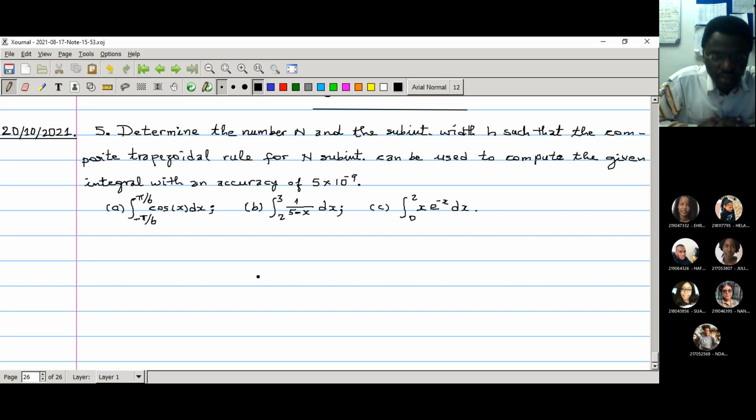What I want to draw your attention to is that if you look at the procedure that we follow in the notes, it will depend on the integrand, that is the function that you are integrating. In this case, the integrand is this, our f of x.